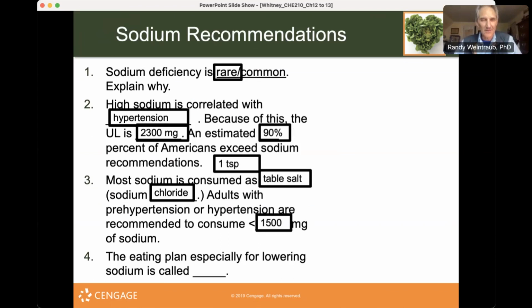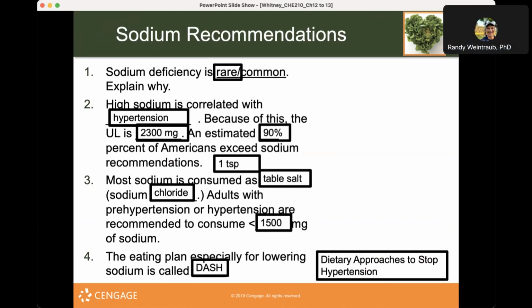It's a good visual. One established eating pattern to lower sodium intake is the DASH diet, an acronym for Dietary Approaches to Stop Hypertension, established back in the 60s at the Mayo Clinic.